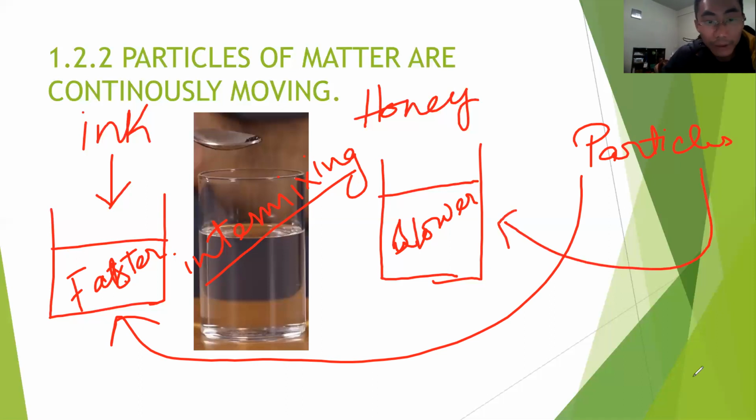That is the reason why the intermixing of ink is much faster, and it is much slower in the case of honey. Now, from this activity, we can infer that different kinds of matter have particles moving with different amounts of speed.